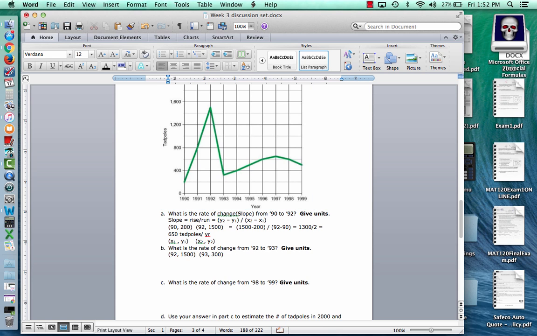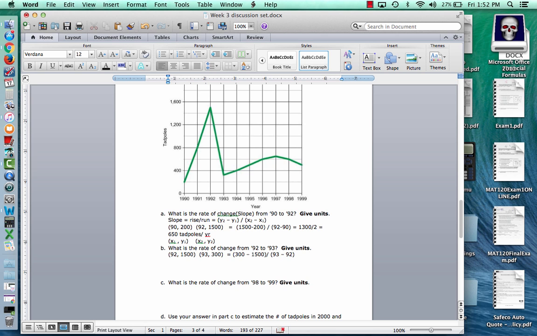Okay, so following the formula, the first point is my x1, y1 right here. Second one's my x2, y2. So I'm going to do y2, which is 300, minus y1, which is 1500, divided by x2, which is 93, minus 92, which is x1.